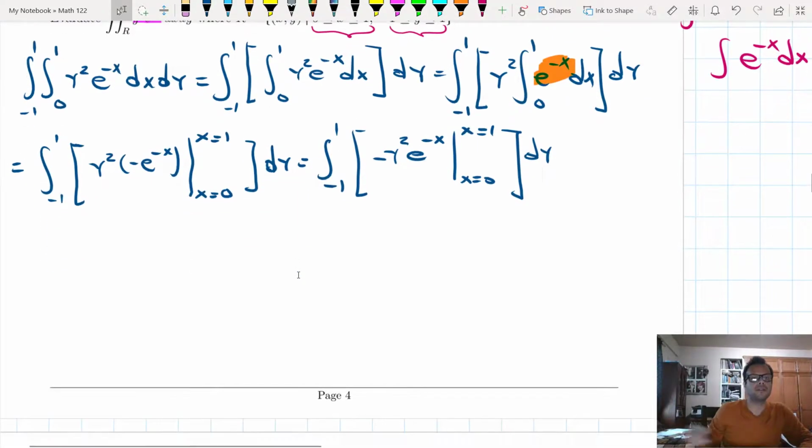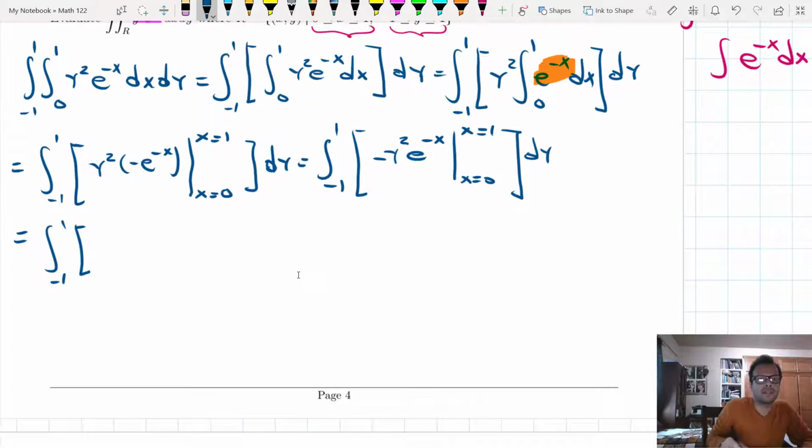So this will be equal to the integral from negative 1 to 1 of negative y squared times e to the negative 1 minus e to the negative 0. But what do we know about e to the 0 power? That is always 1, right?